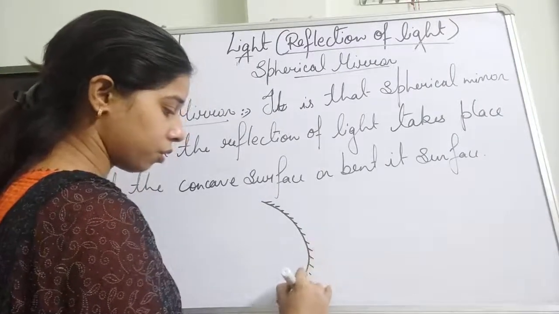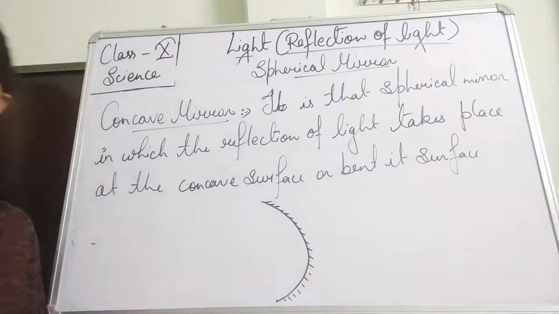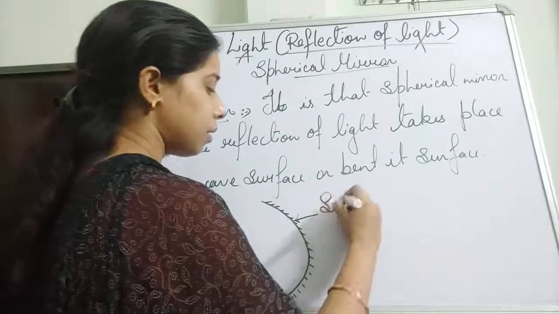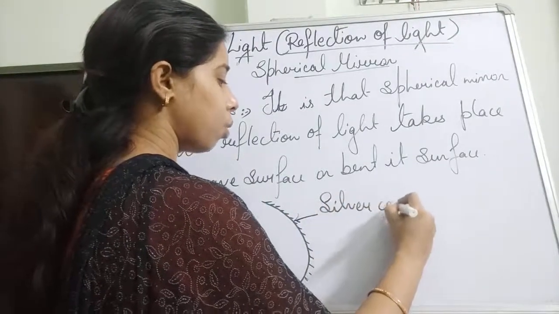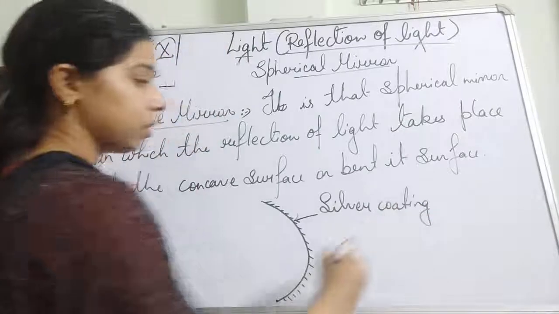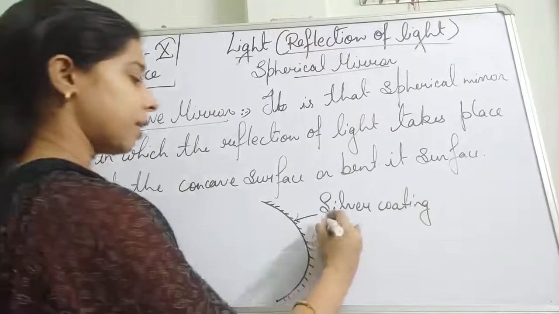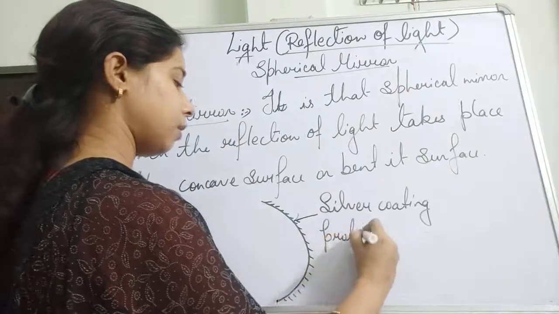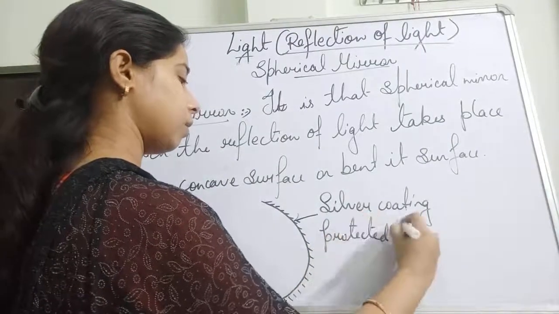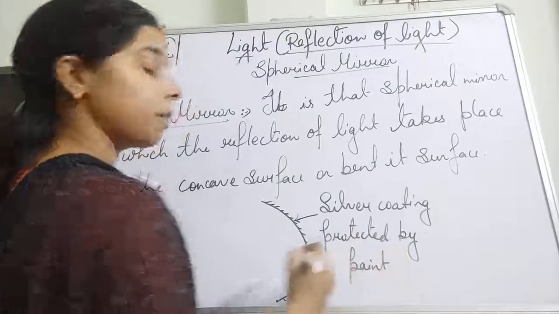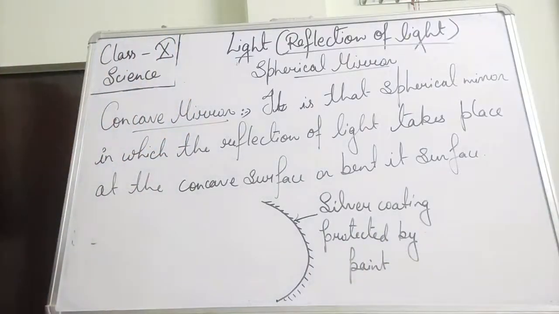This is the polished surface, and here it is the silver coating, protected by paint.